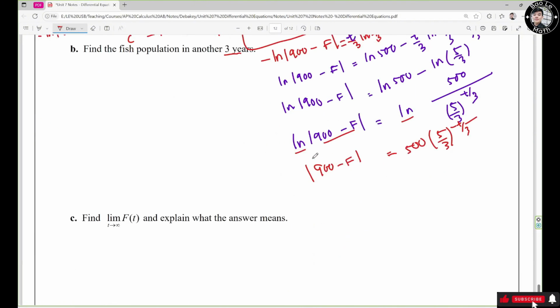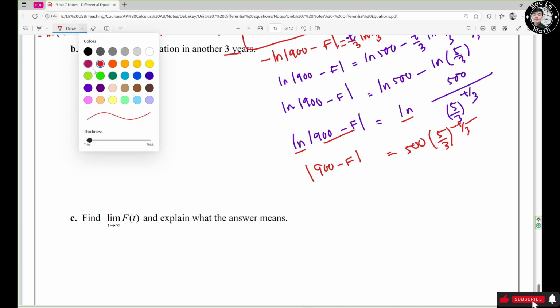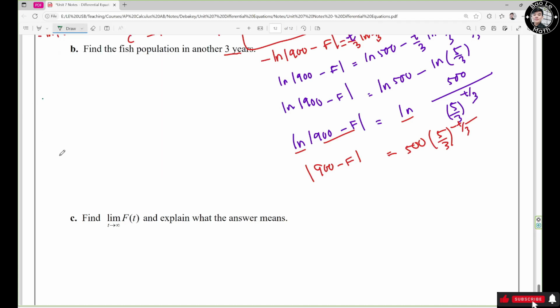Now observe that the number of fish is getting smaller and smaller as time increases, so this is always positive. So this turns out to be 900 minus f without the absolute value sign.